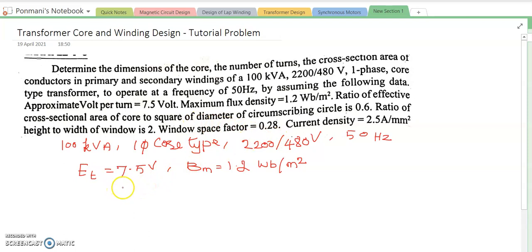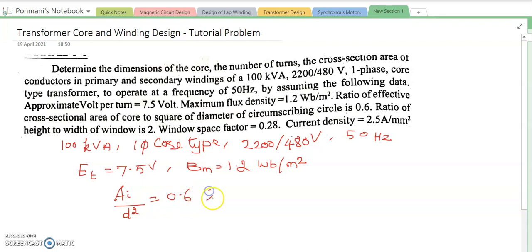Effective core area means it is Ai. Net core area, or it is also effective core area, to the square of diameter of circumscribing circle. So this ratio is given as 0.6.